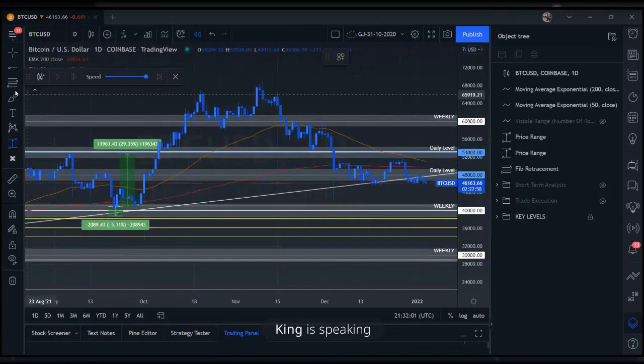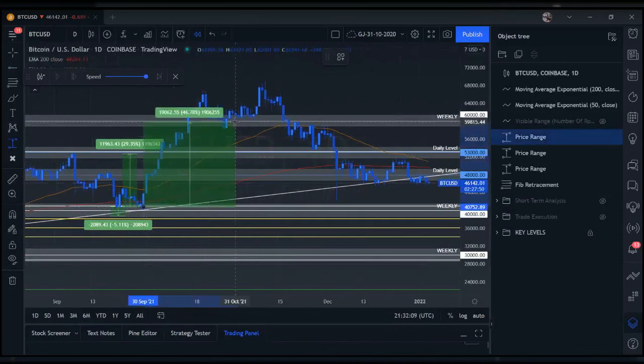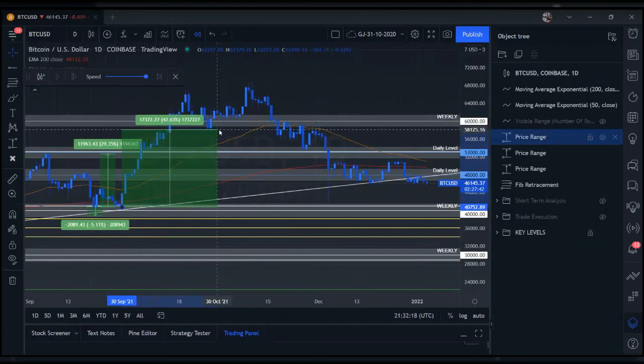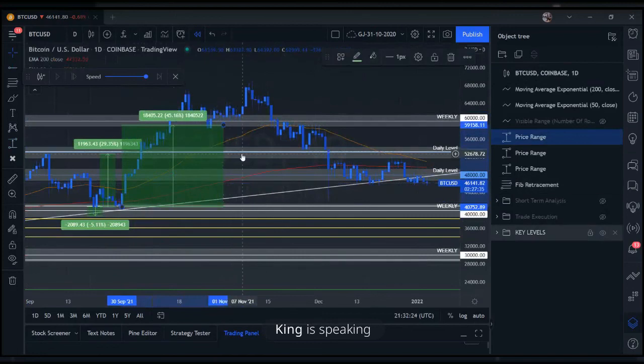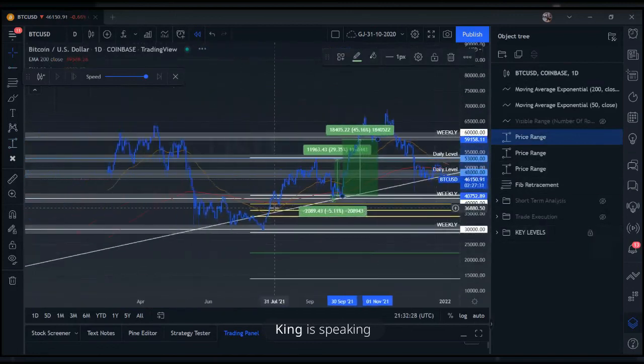So you would have gone from 53k, another like 20%. Yeah, so 47 at 60k, or let's say 59k. Say 59. Yeah, so about 45%. So yeah, that's how you swing trade higher time frame.